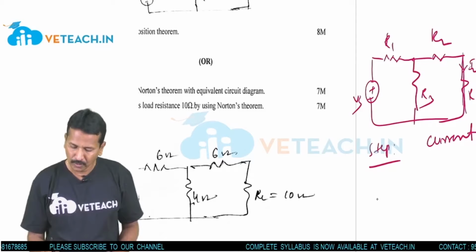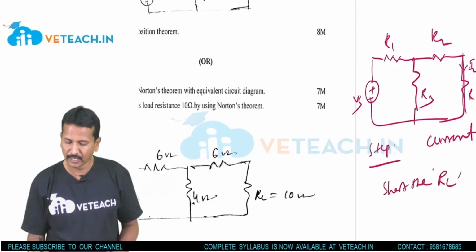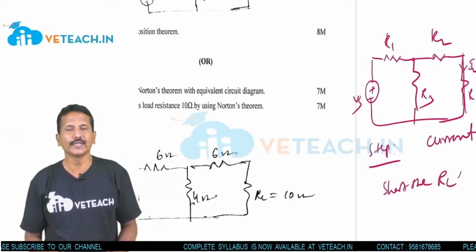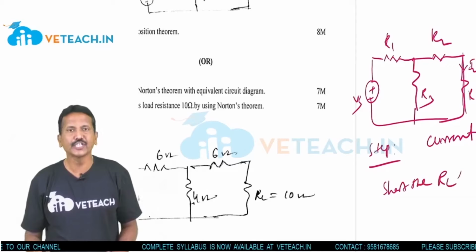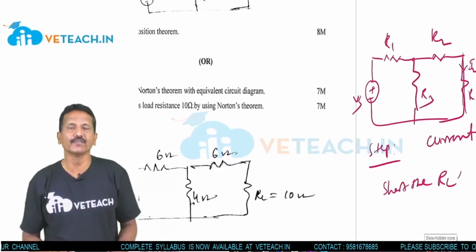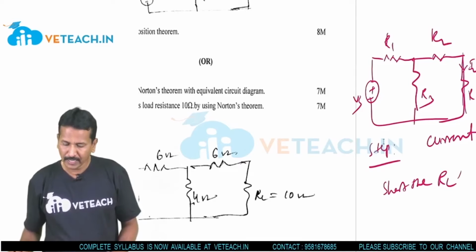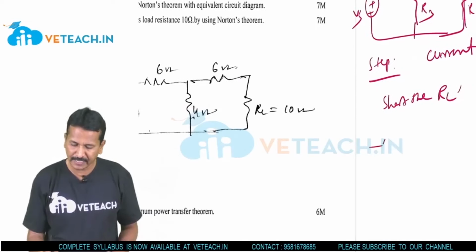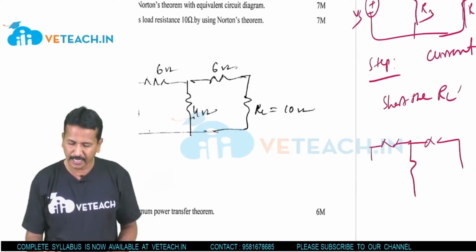Okay. So short the load resistance, then it is a short circuit. In short circuit what happens? The current will flow, right? So when current is there, that current we are saying as a Norton's current.